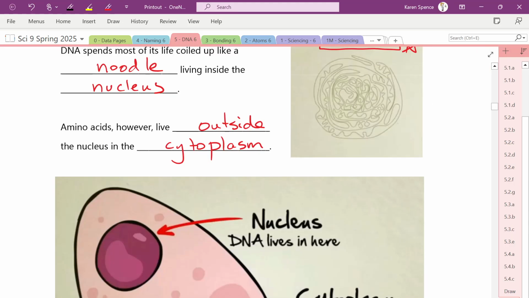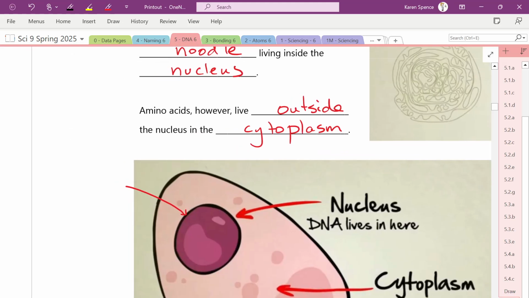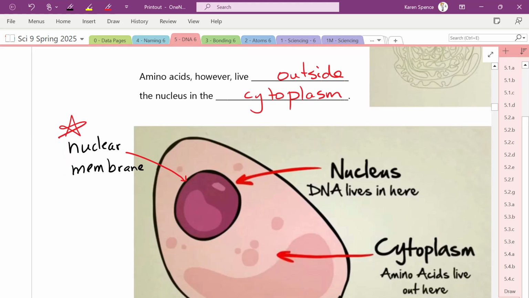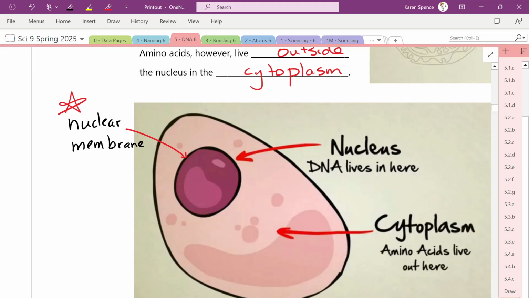Do you remember what we call that barrier? That is called the nuclear membrane. That's a vocab word. So the DNA is inside the nucleus. The amino acids live out there.